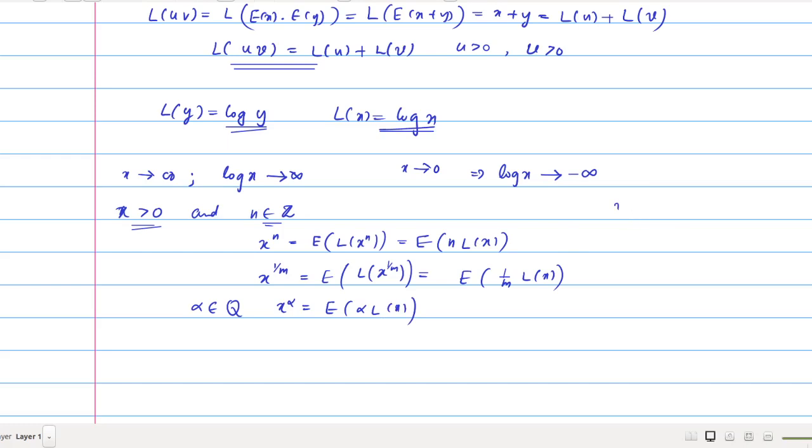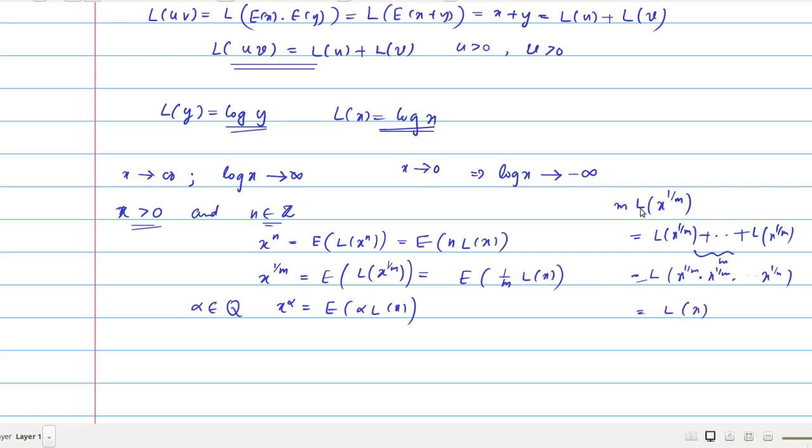We know that m times L of x raised to 1 by m is L of x raised to 1 by m plus L of x raised to 1 by m plus etc., m times. So this can be written as L of x raised to 1 by m into x raised to 1 by m into etc., m times. So this is our L of x.